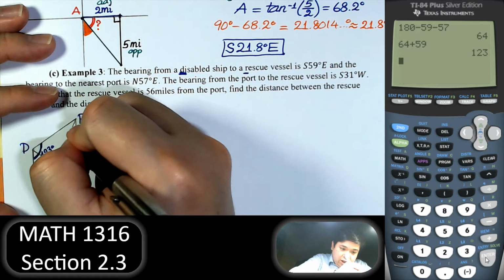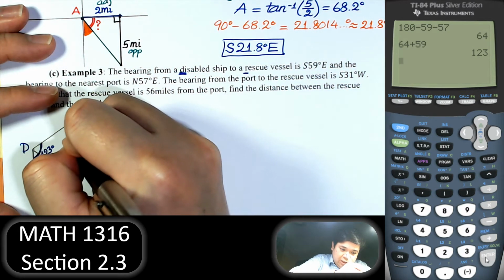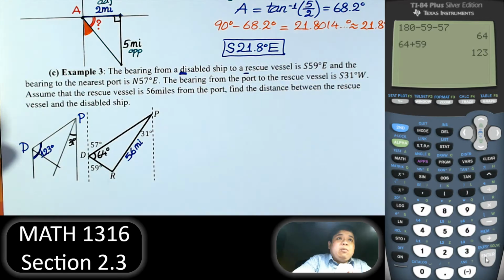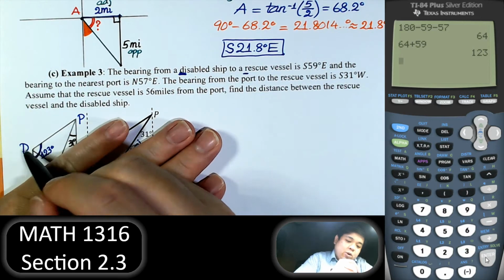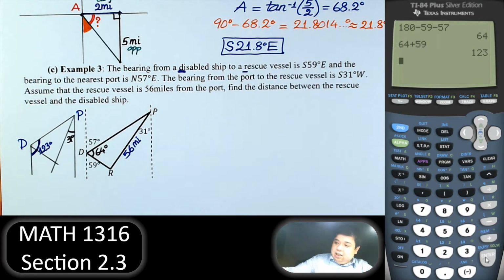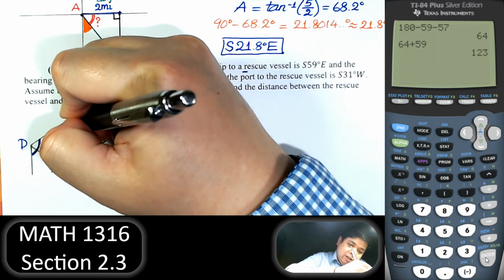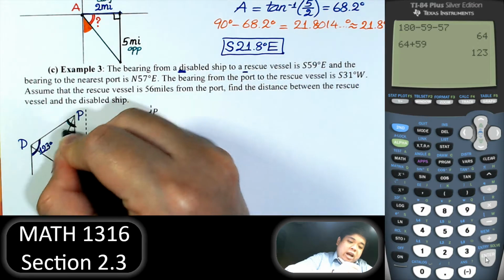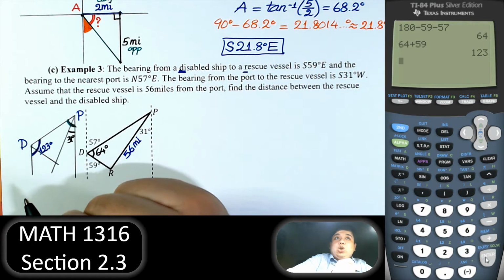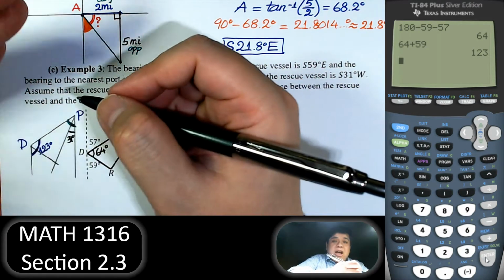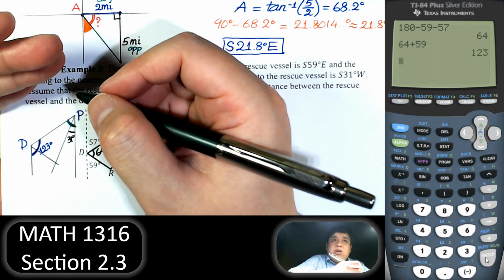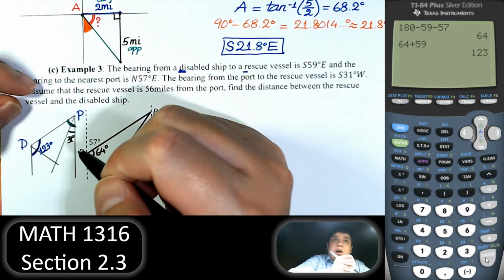This is 31. Now, note that the angle D and this angle here, 123, and that angle have to add up to 180 degrees because same side interior angles add up to 180 degrees.